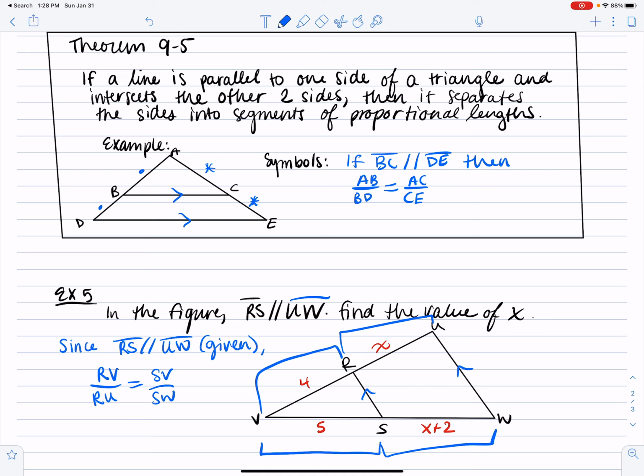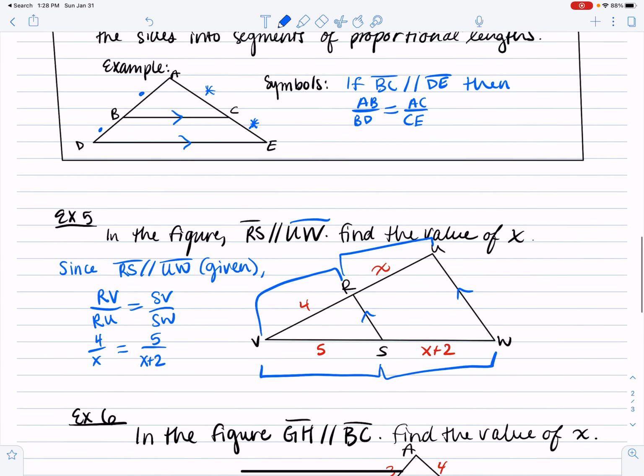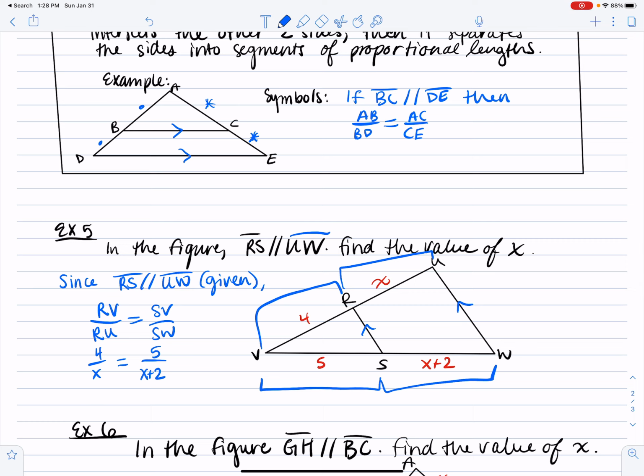Okay, so we can just plug in what we know. 4 over x equals 5 over x plus 2. Remember, order matters here, okay? So since we did this small segment down here on top, we also need to do that same segment down from the other side on the top of the fraction as well.